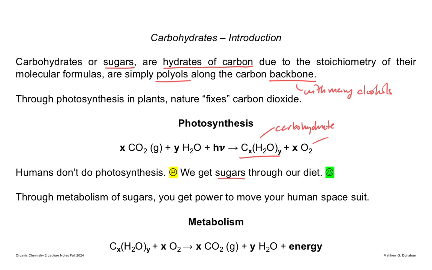Basically, sugars give you the power for your brain to move your human spacesuit as we sit on the third rock from the sun. So for every carbohydrate plus X moles of oxygen, you're breathing out CO2, producing water, and the energy that is used to move. If you take biochemistry, you'll talk a lot about the thermodynamics and the energy required for metabolism.